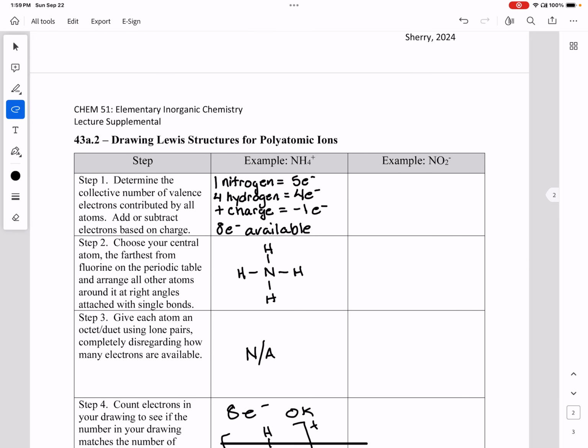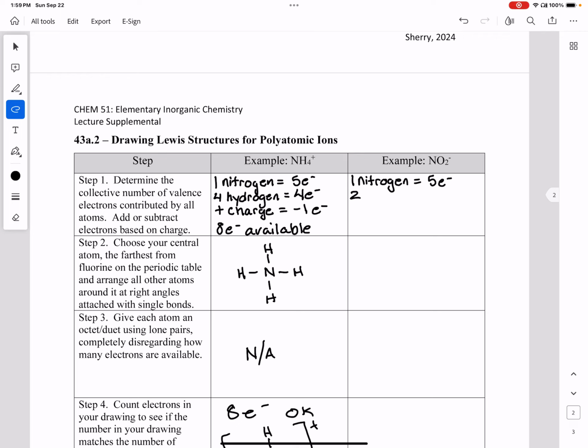Okay, so let's look at another example where we do have to go to step 5. So I have one nitrogen giving me 5 electrons.